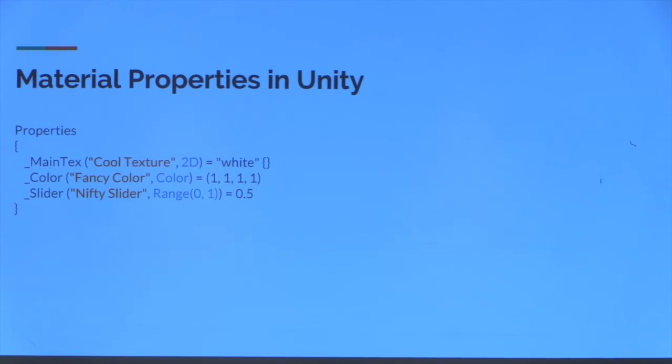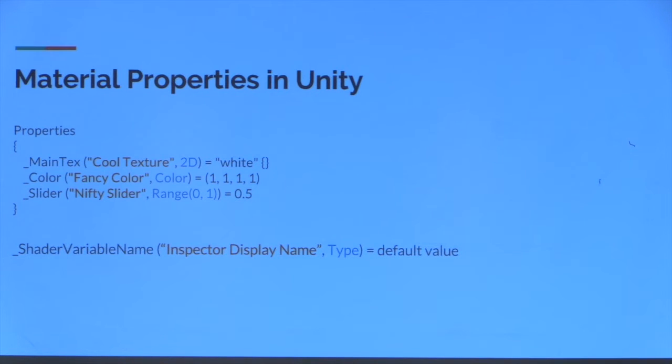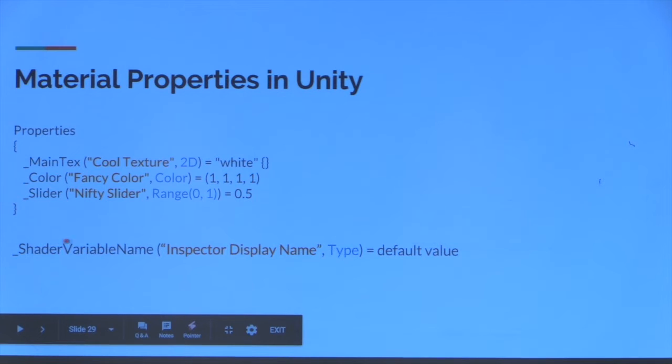And I'll just quickly show the code for this. Again, this is sort of boilerplate stuff that you'll typically find yourself copying and pasting from other shaders you've written before, or other people have written. I work in a professional game studio, and the amount of copy and pasting of old code is kind of atrocious. But it happens. They follow a fixed layout here: the shader variable name, which is how we'll actually refer to it in our code.